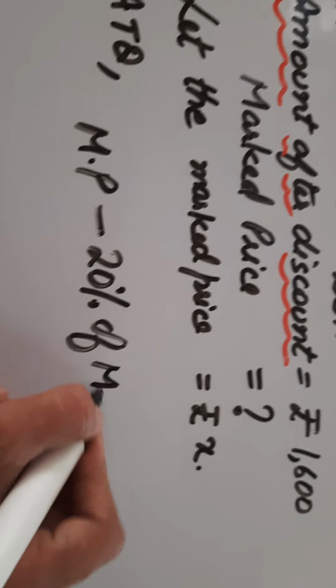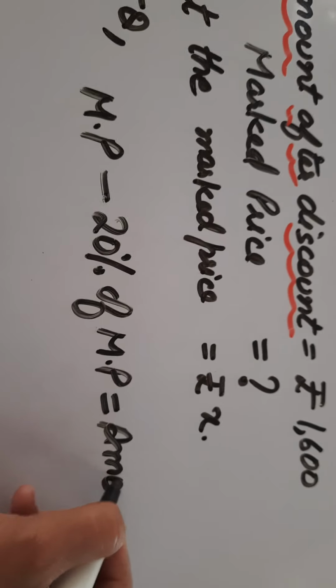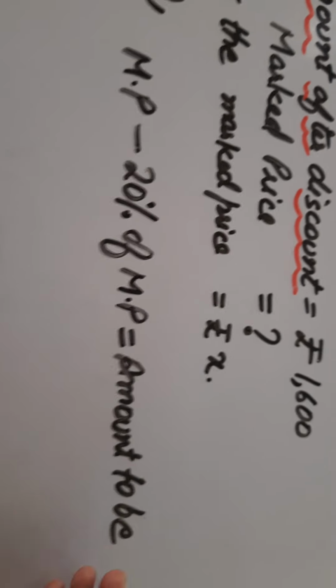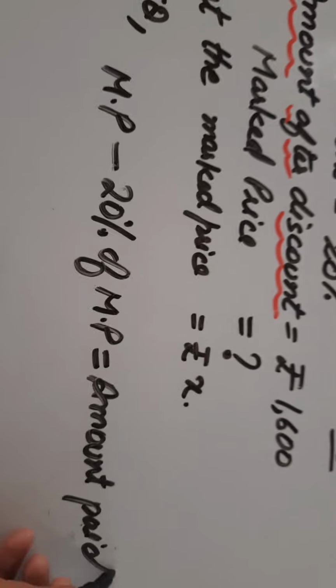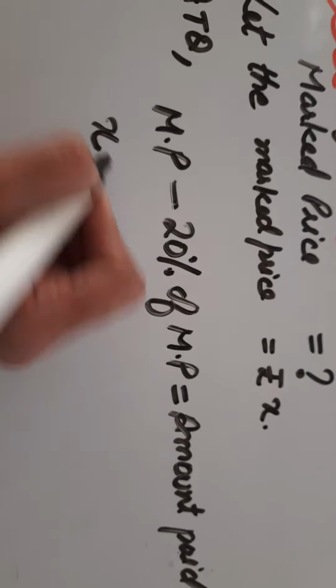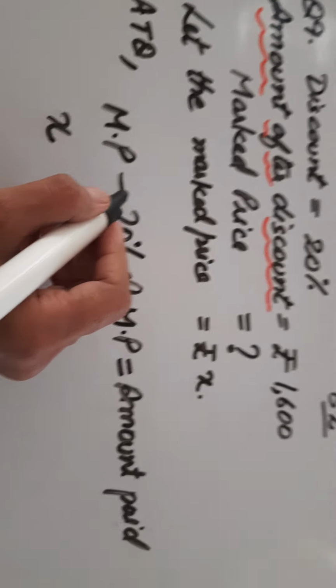20% of marked price is equal to the amount to be paid. Amount paid we can write, because in this question he already paid. So what is the marked price? We have assumed it as X. Because it's a discount, तो discounts तो reduce किया जाता है.